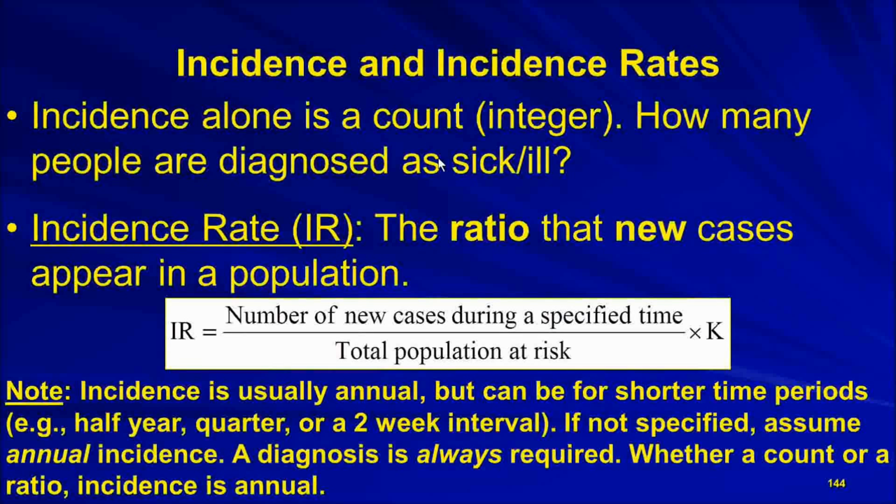It can be a shorter time period, such as half a year, a quarter of a year, or a 2 week interval, but if not specified, and this is what I'm trying to get across, assume annual incidence. A diagnosis is always required, whether a count, a ratio, or incidence is annual. It's always annual, whether a count or a ratio.